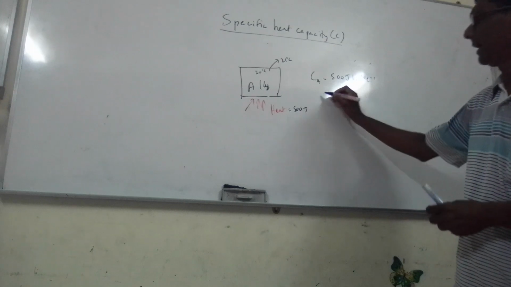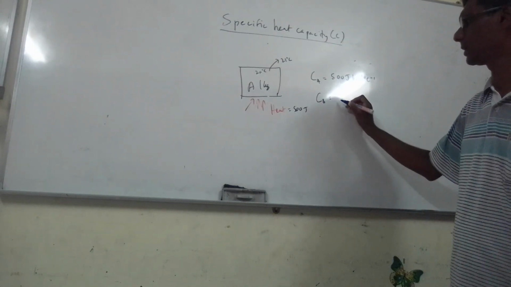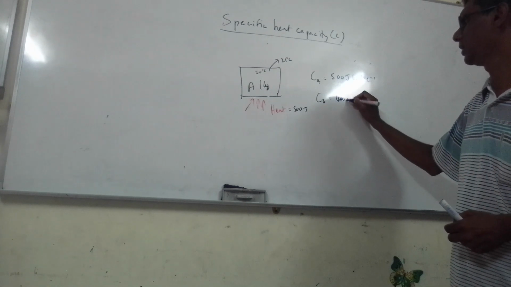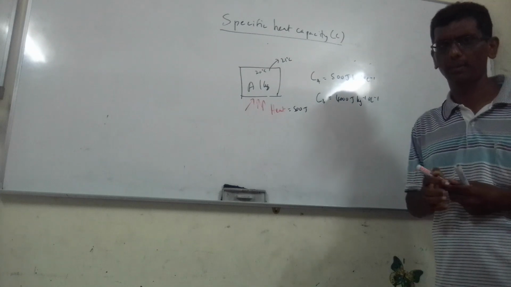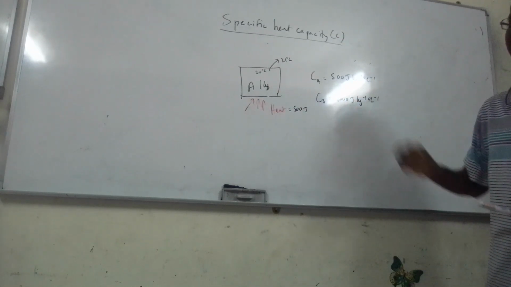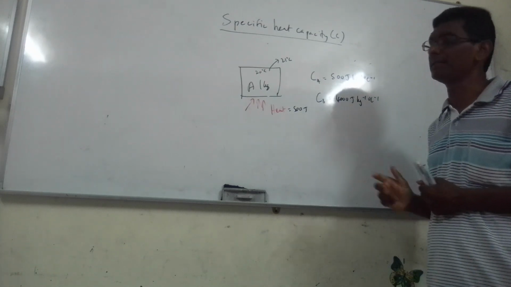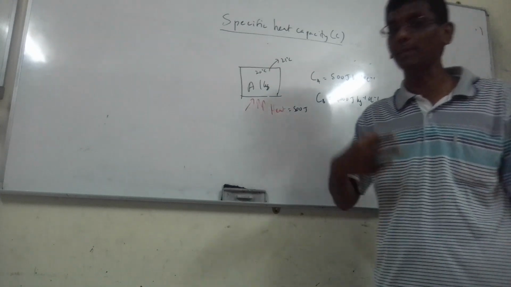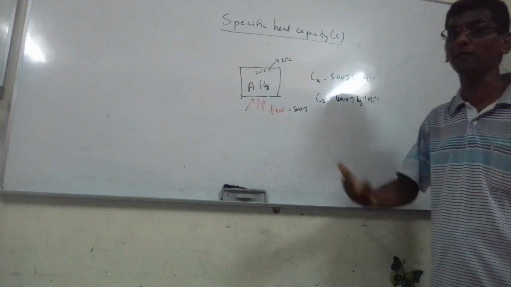Let's say object B has a specific heat capacity of 4000 joule per kilogram per degree Celsius. Sometimes in the exam they give the number and ask you to define it. Let's say they give the specific heat capacity of object B as 4000 joule per kilogram per degree Celsius.